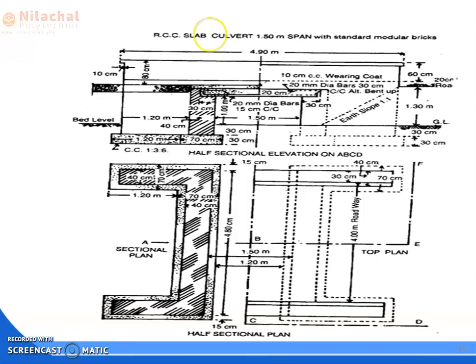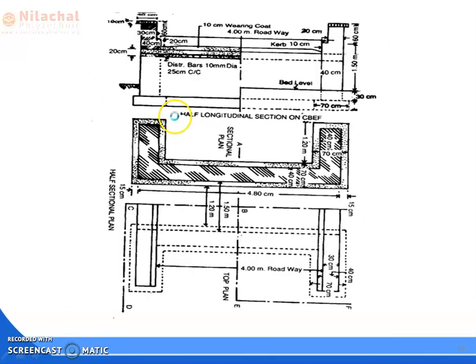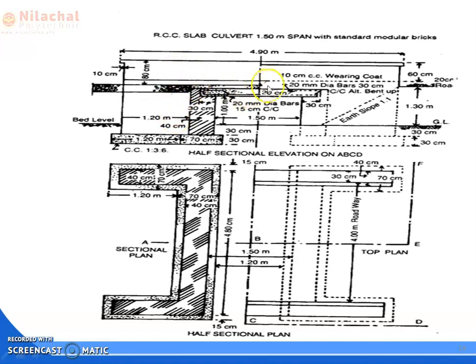So here we find the breadth from this point to this point, the end of the abutment wall to the opposite end of the abutment wall. Here the dimension is given for the roadway length and roadway breadth.